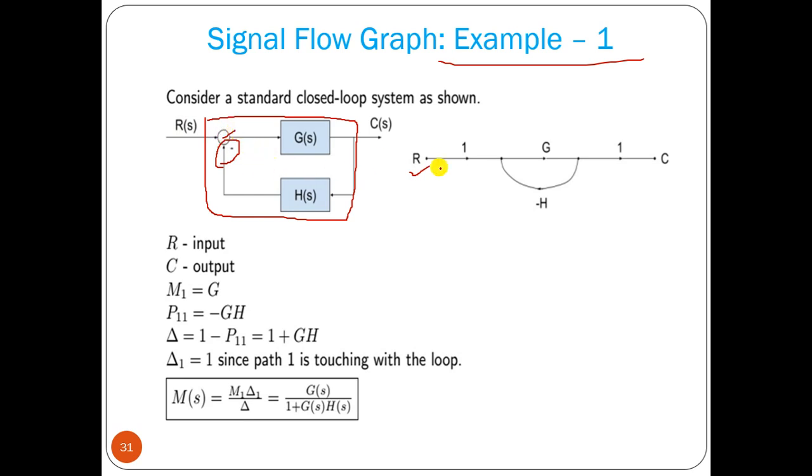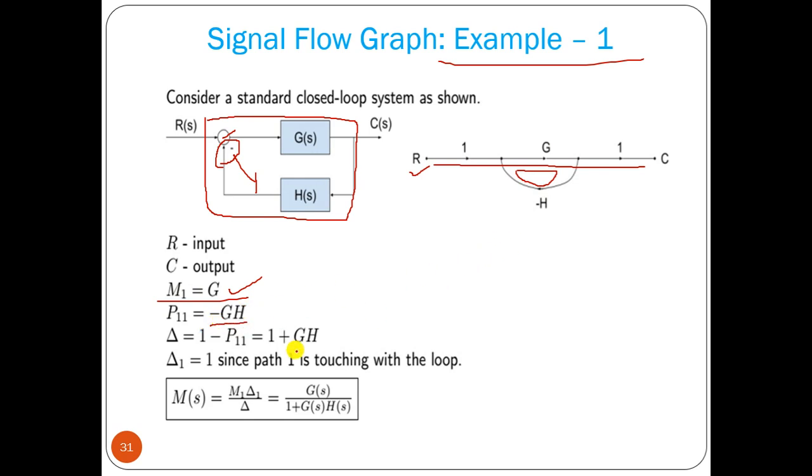From that we have G, then we have C. We can have a dummy node, and from this point we have H with a negative sign, minus H. Now to find the signal flow graph, the forward path is 1 whose gain is G. There is only one loop, whose gain is minus GH.